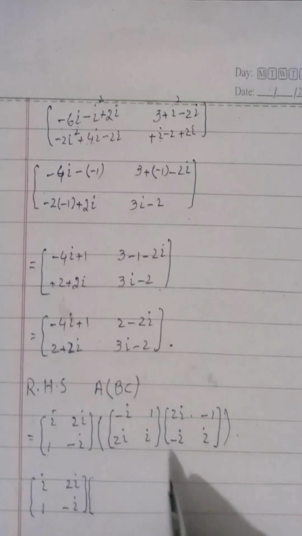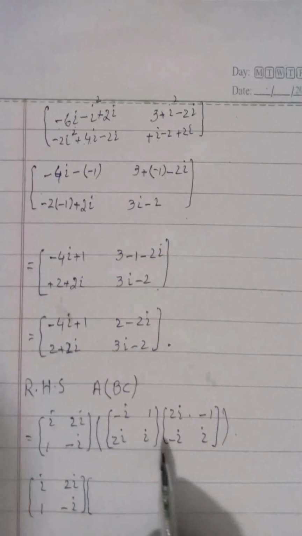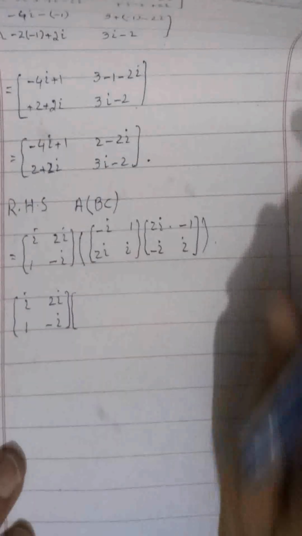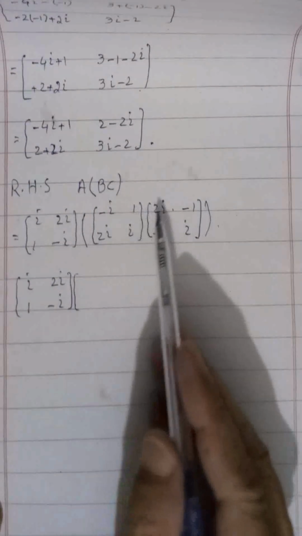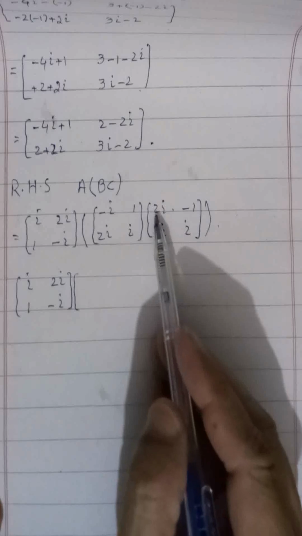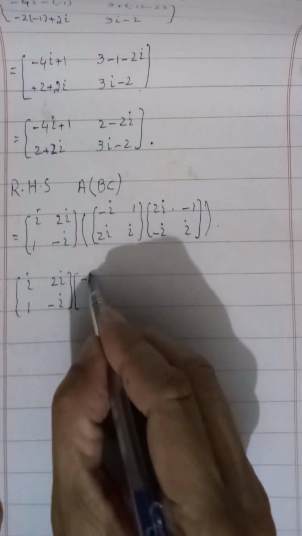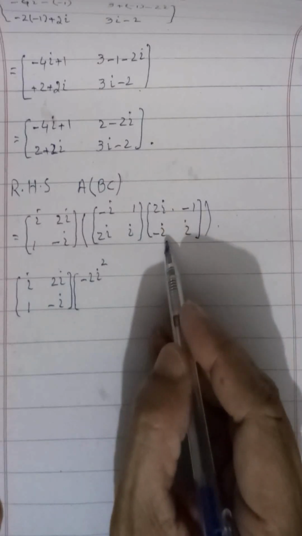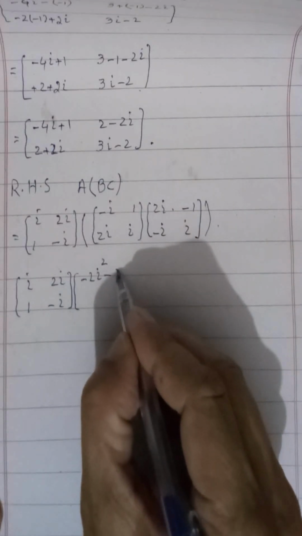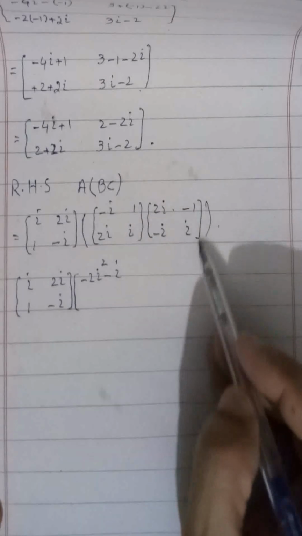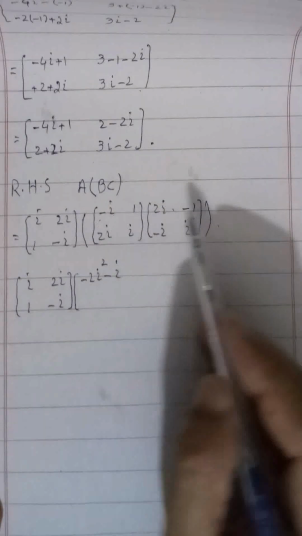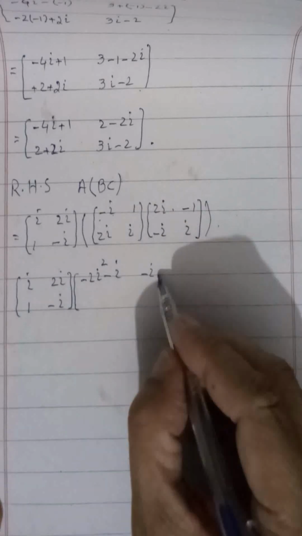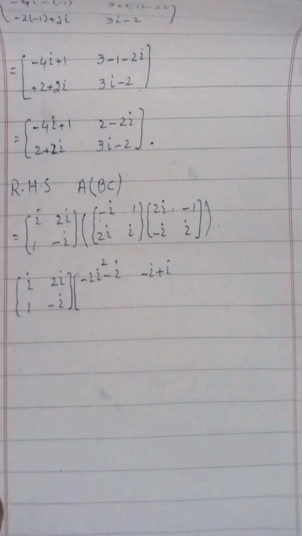Now we multiply the matrix B with C. We get first row with the first column: minus iota multiplied by 2 iota is equal to minus 2 iota square. 1 multiplied by minus iota is minus iota. Now first row with the second column: minus iota multiplied by minus 1 is equal to minus iota. 1 multiplied by iota is equal to plus iota.